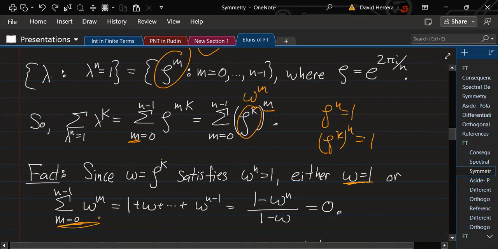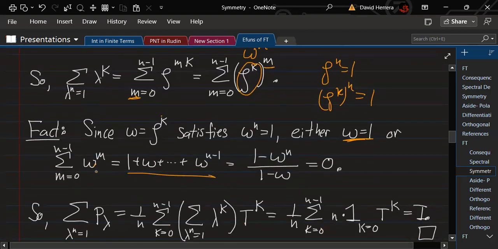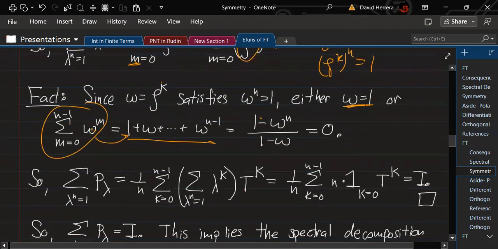If omega is 1, the sum here is obviously n, because I'm adding the same thing from 0 to n minus 1, so n times. But otherwise, this sum is by definition this, and then using the geometric formula, it's 1 minus omega to the n over 1 minus omega. If omega is not equal to 1, then this formula is actually true, so the denominator is non-zero, and you get 1 minus 1, which is 0. So this sum is equal to 0, or it's equal to n when omega is 1.